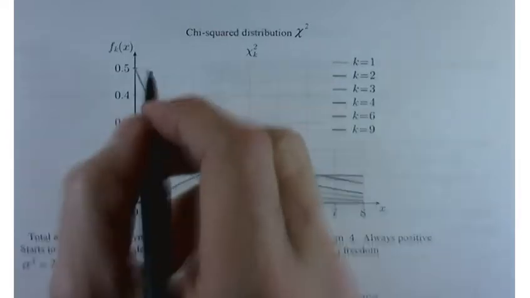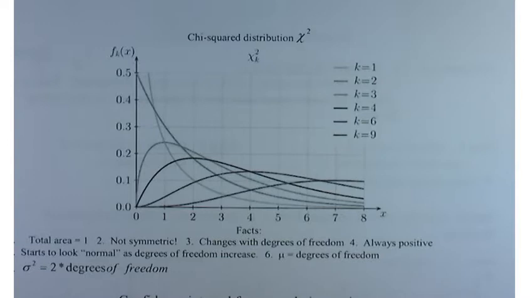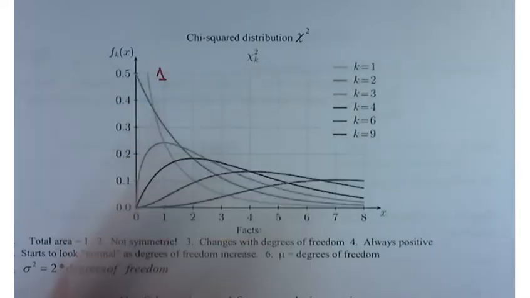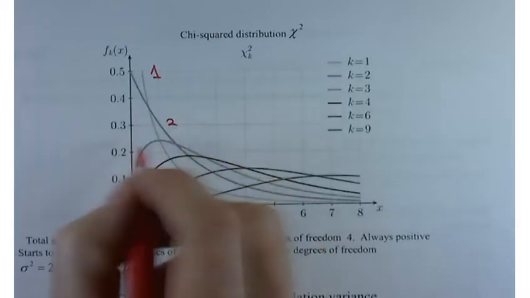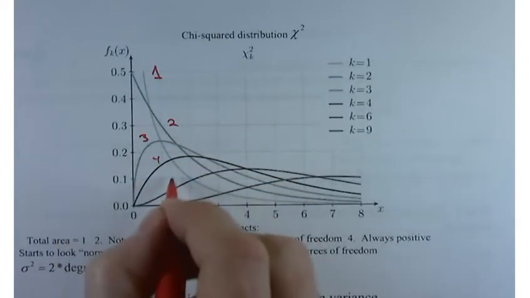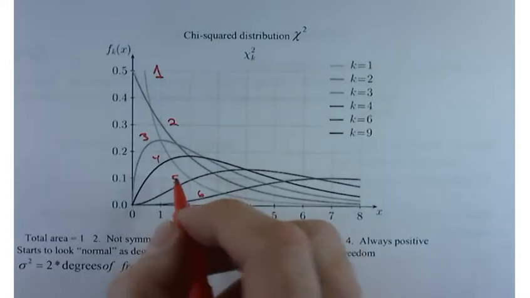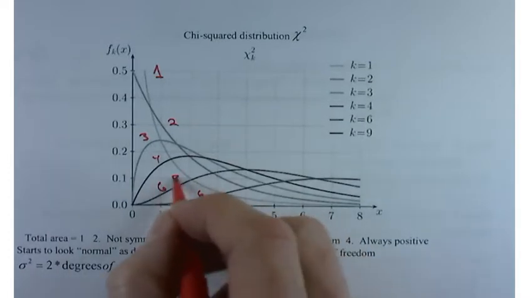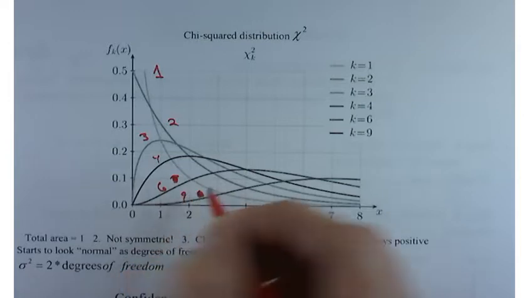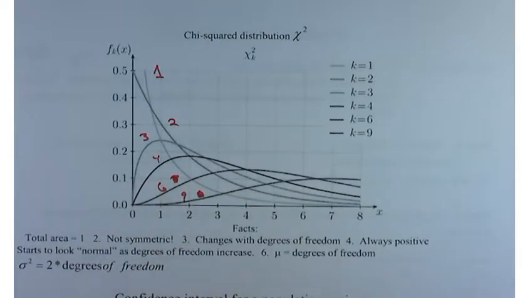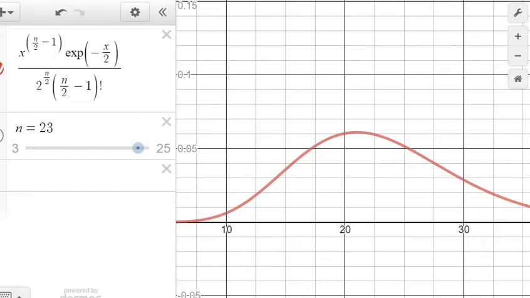So to kind of keep an eye on things with the chi-square distribution, this is a chi-square distribution with 1 degree of freedom, 2 degrees of freedom, 3, 4, 5, 6, and then 9, etc. So the shape of the distribution, like I said, changes with degrees of freedom, and I'll give you a little bit more of a live demonstration than just the one we have there.